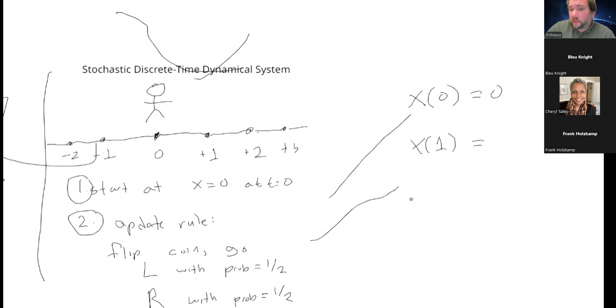So there are two possibilities in terms of what it could be. This is actually a probability distribution, or they could be at positive 1, and the probability that they're at positive 1 is 1/2. Or they could be at negative 1, and the probability that they're at negative 1 is 1/2.